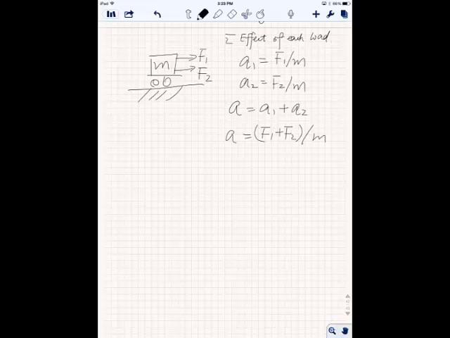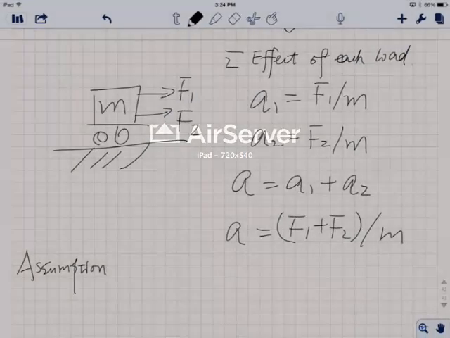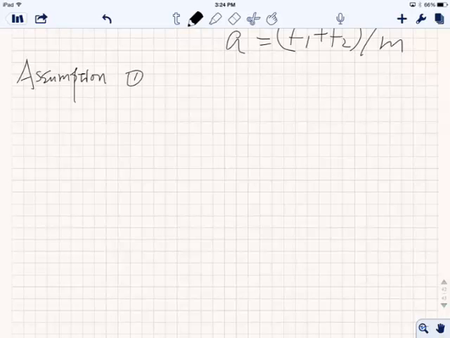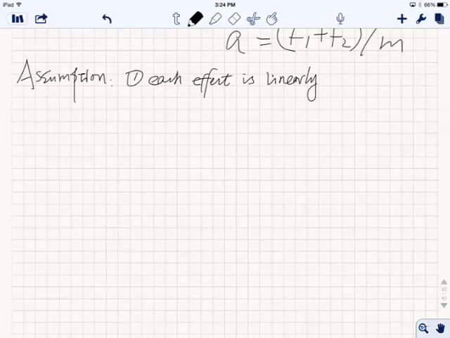Okay, so here the assumption, assumption number one, is each effect is linearly related to the load that produces it.